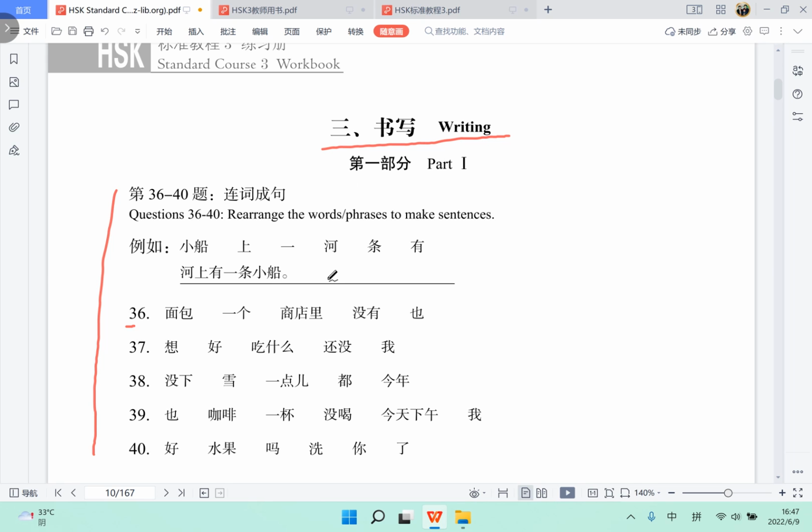So for this part it's important for you to read a lot and be familiar with the sentence patterns and the sentence structure, then you could arrange that. Okay, so we do this together.